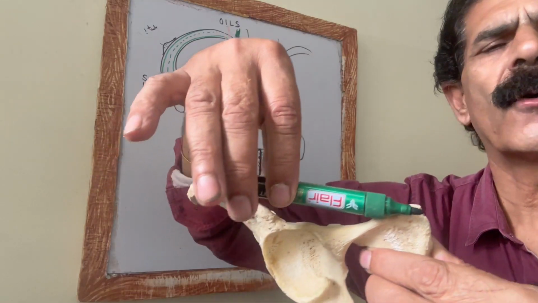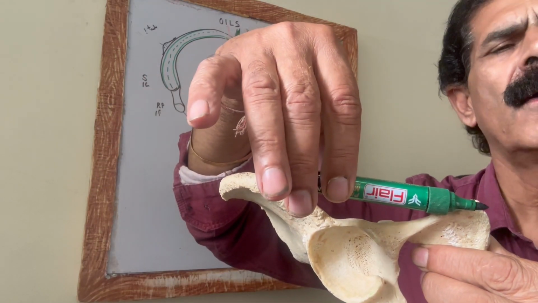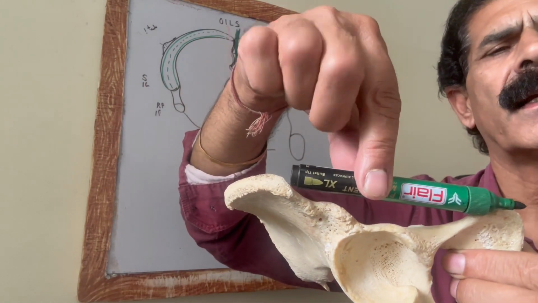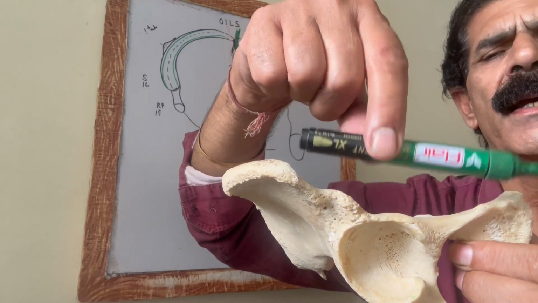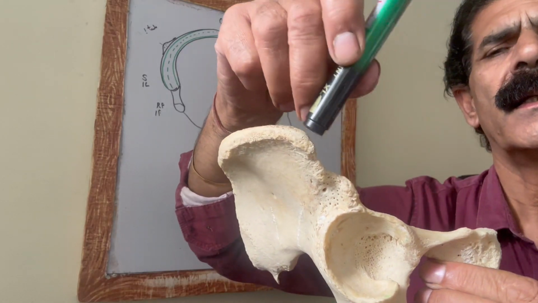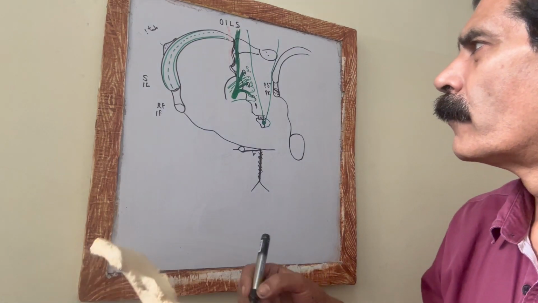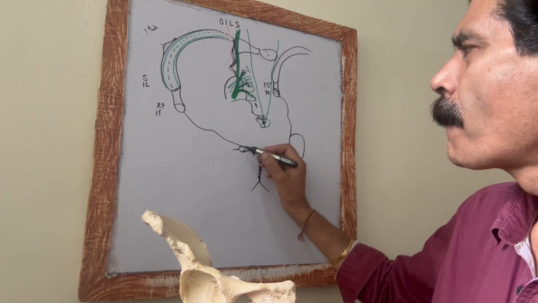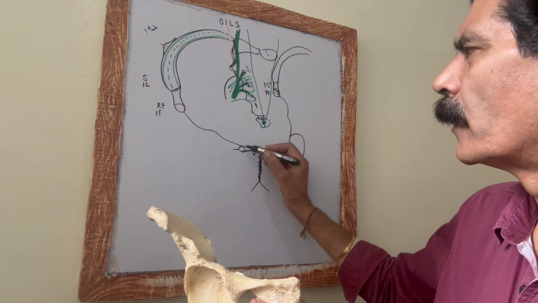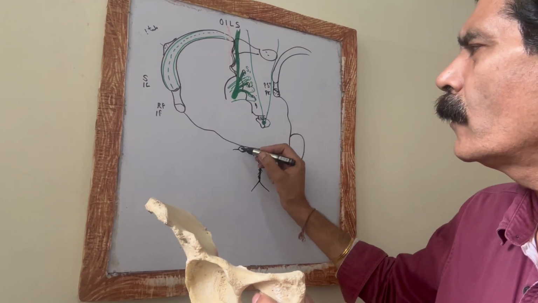Through this pass the femoral artery, femoral vein and femoral nerve, below the inguinal ligament, and below is the part of the ilium as well as the pubic bone. Then above here lies the superficial inguinal ring also.